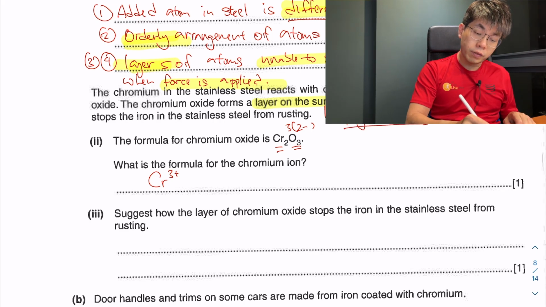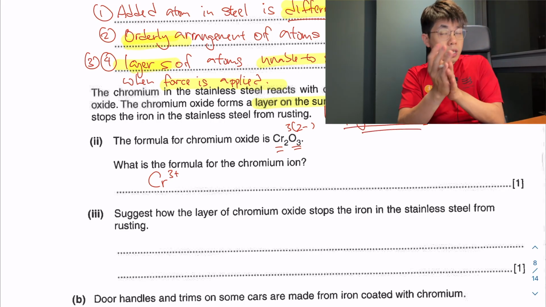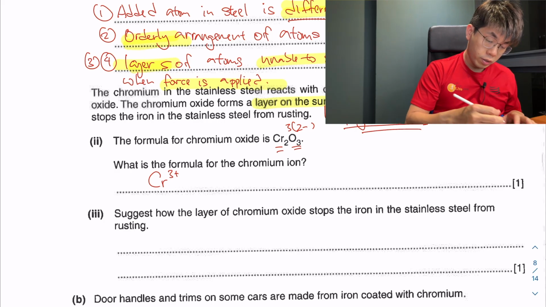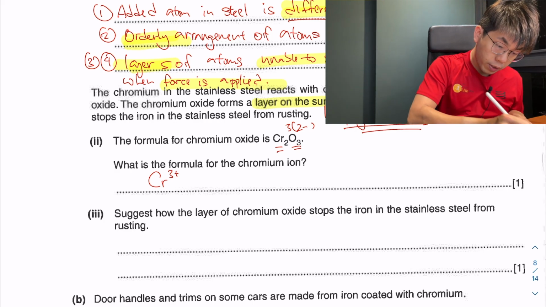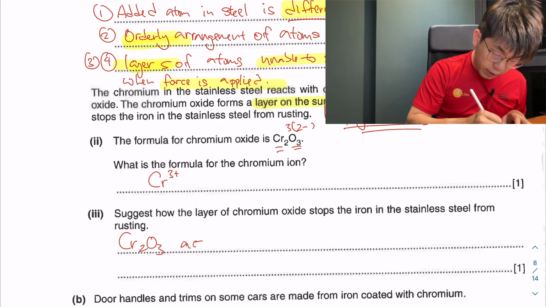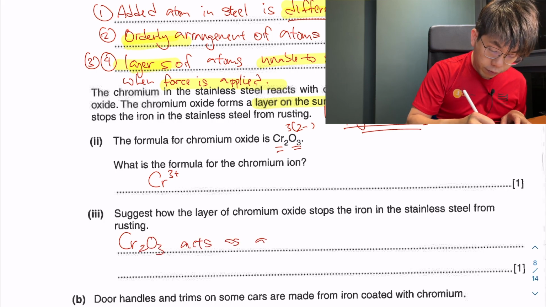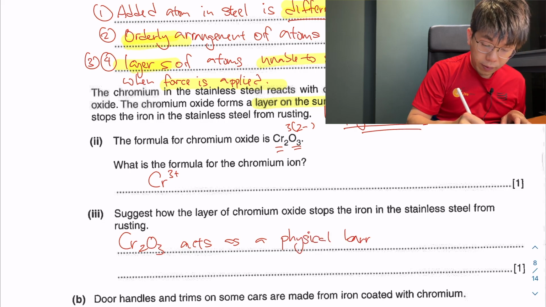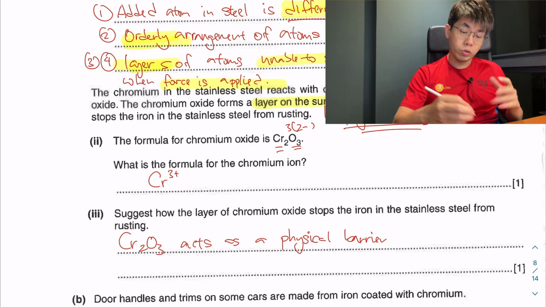Now, suggest how the layer of chromium oxide stops the iron from rusting. Because this is a physical barrier, there are some keywords that need to be there. We will say that chromium oxide acts as a physical barrier. That's the first word that needs to be there. And what does this physical barrier do?